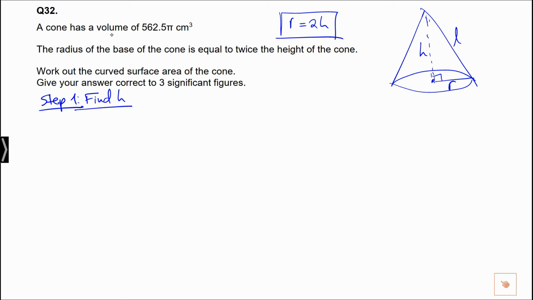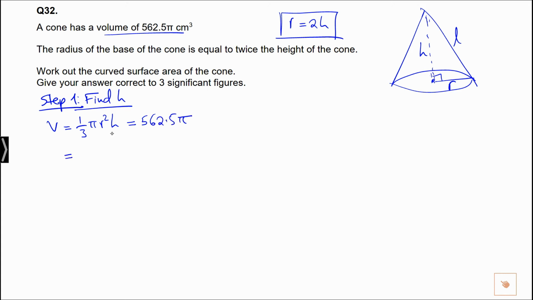So we'll use the formula for volume. We have the volume. So volume is equal to a third pi r squared multiplied by height, and this is equal to 562.5 pi.